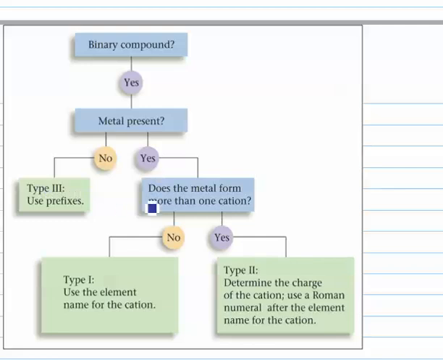But if there is a metal, we got to distinguish between type 1 metals, which only have one possible charge and are therefore very simple. Name the cation and then the anion. If it is a type 2 metal with more than one possible charge, we must indicate the charge using Roman numerals. Now, this is what we call the systematic or IUPAC convention, and is the more modern approach to naming these type 2 binary compounds.